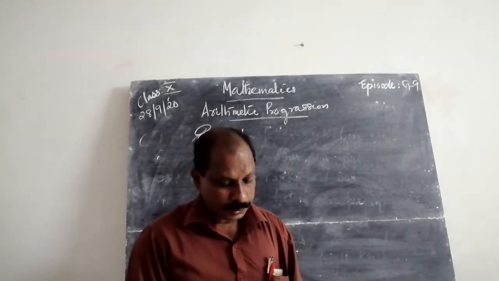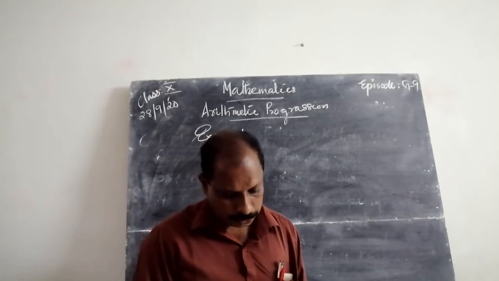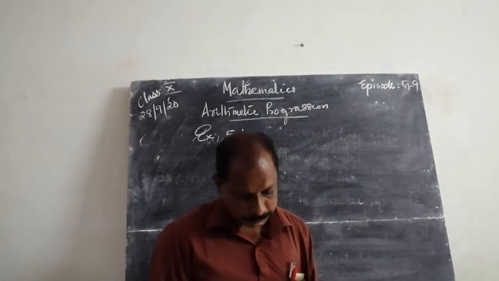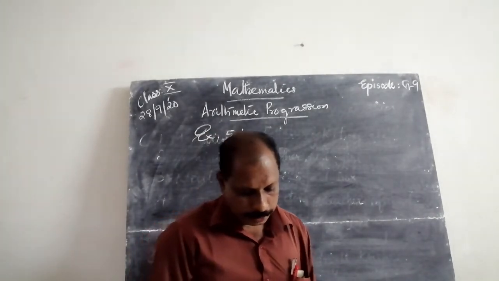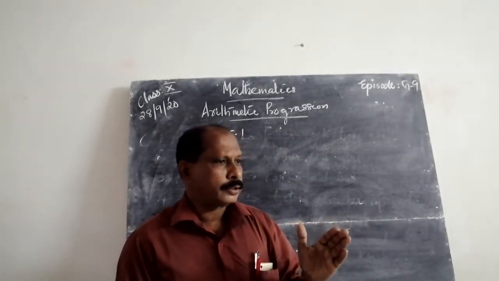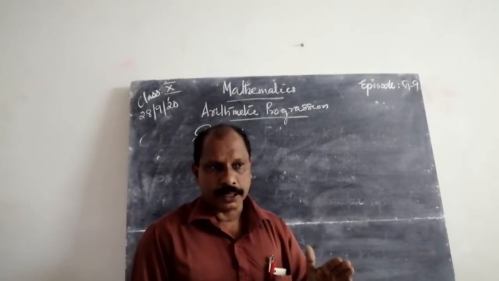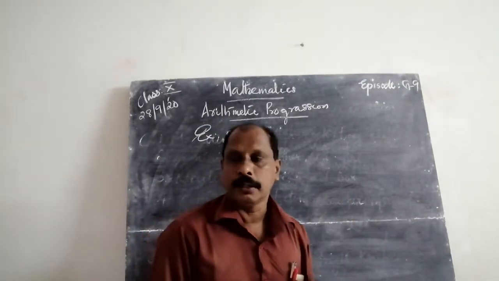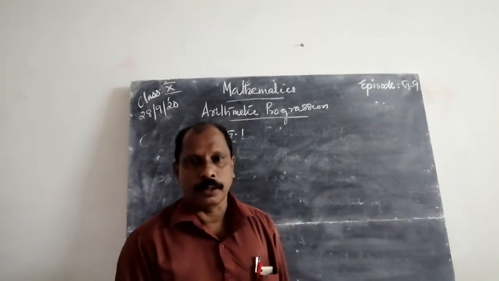The first question is a taxi fare after each kilometer when the first fare is rupees 15 and the additional fare is rupees 8. That means for each increasing kilometer, the first fare is always fixed, that is 15, and the increasing fare is 8 rupees per kilometer.